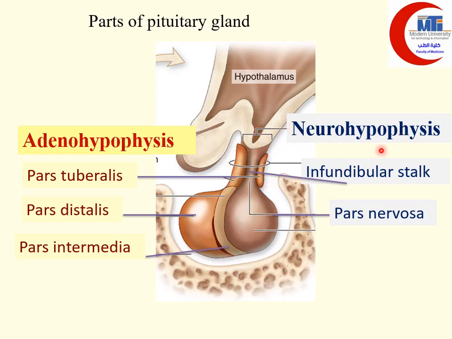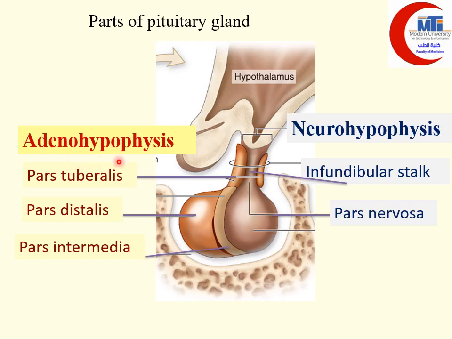So the neurohypophysis is formed of two parts: the infundibular stalk, a narrow part that connects the pars nervosa to the hypothalamus, and this part which is called pars nervosa.